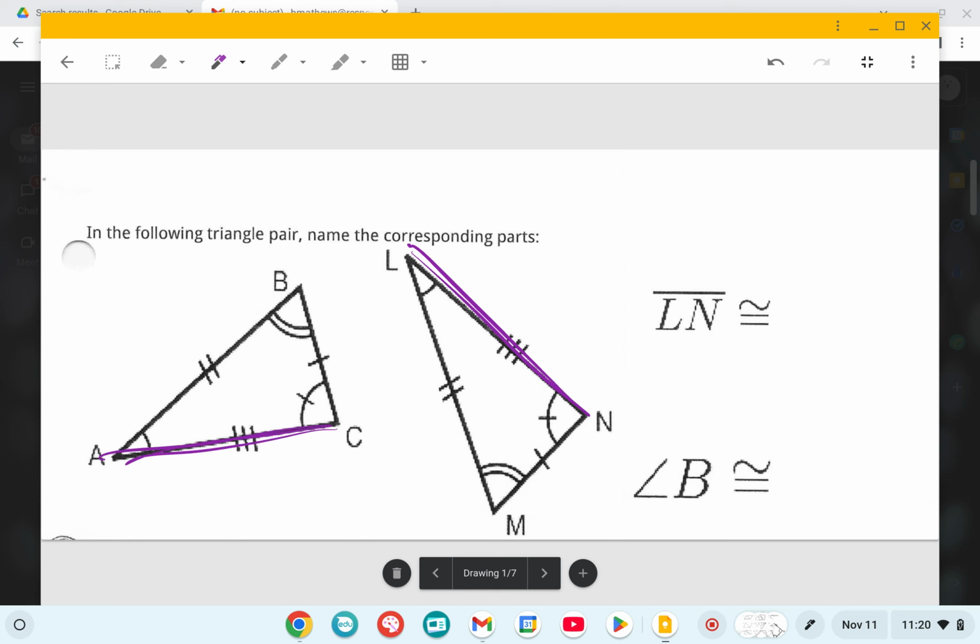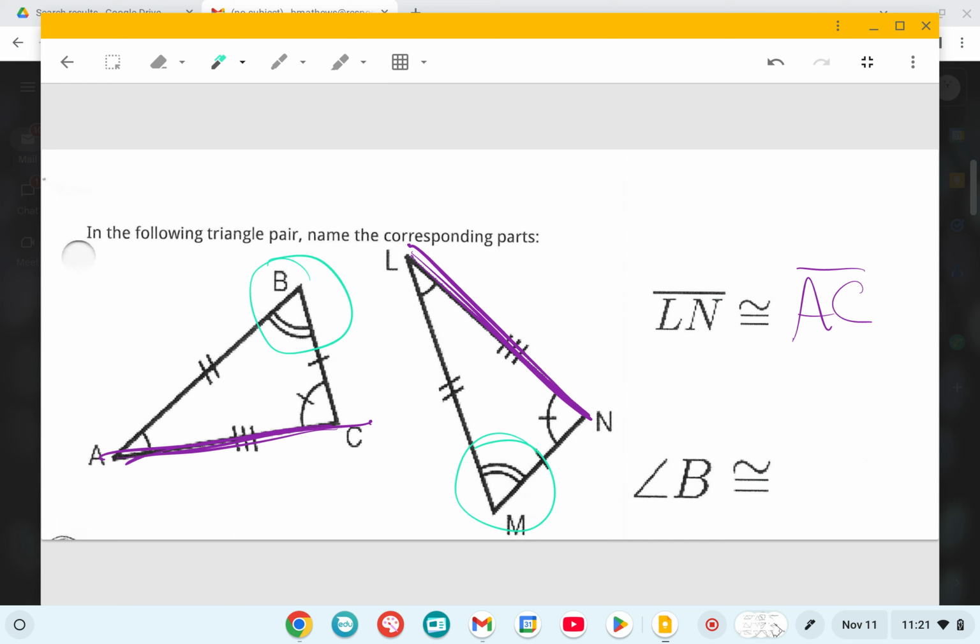So A and L go together, so A needs to come first in the name, and C needs to come second, because LN matches a C in terms of the way that those are marked. And then separately, angle B, which is this angle right here, corresponds with angle M because they have the same number of marks. And so that's going to be angle M. So all you're doing there is just matching up the parts based on where they're located in the triangles.